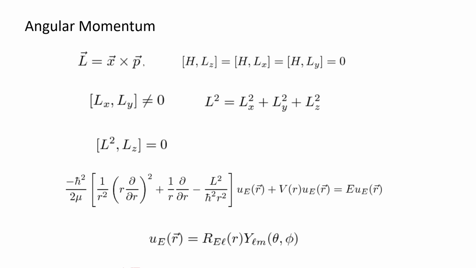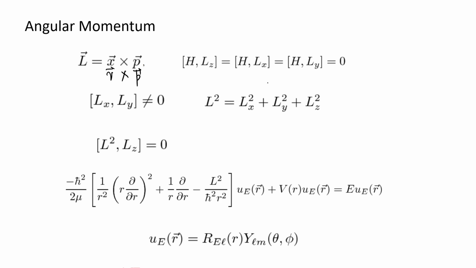The angular momentum is defined as r cross p. This is written as r cross p, so it is a cross product, the moment of the linear momentum. And now the Hamiltonian that we have for the hydrogen atom commutes with all of these three.